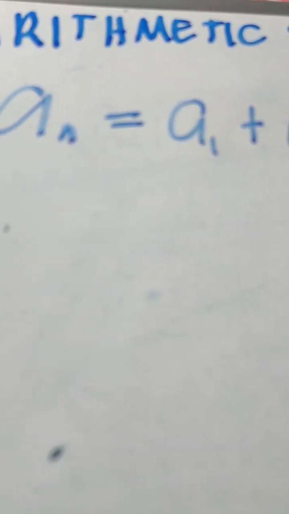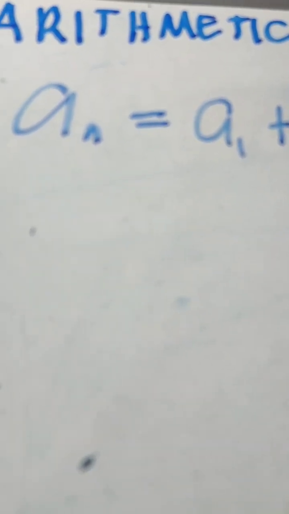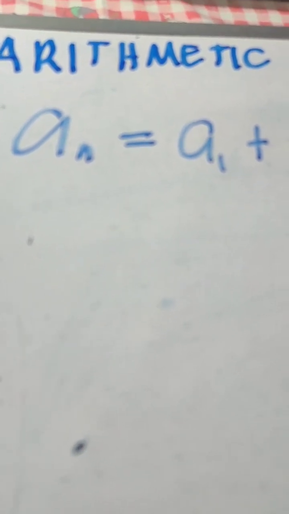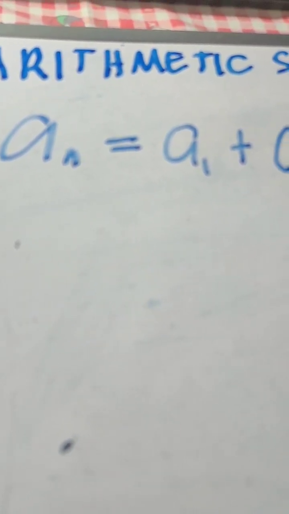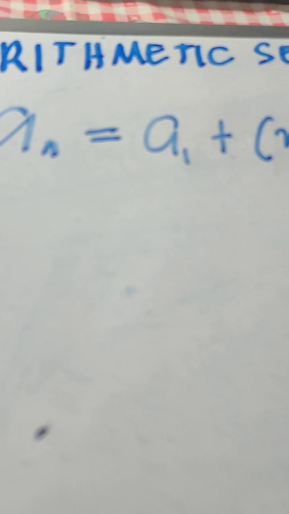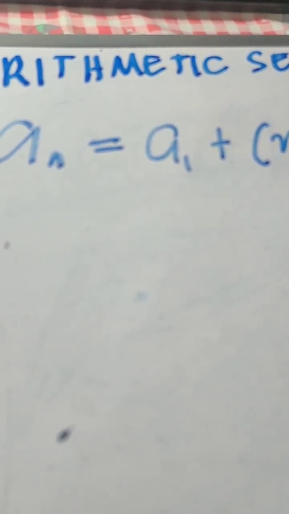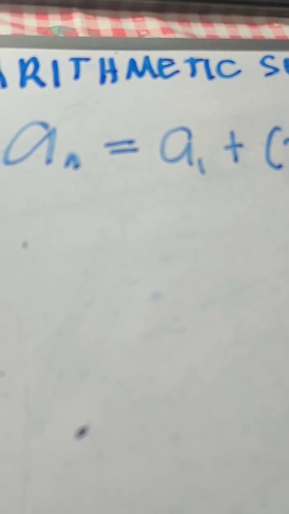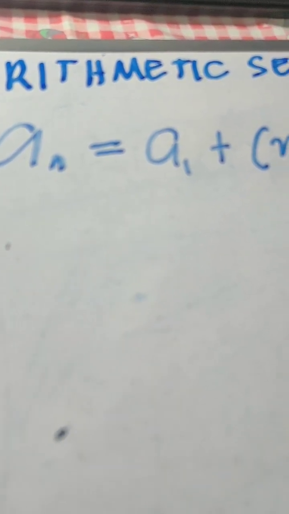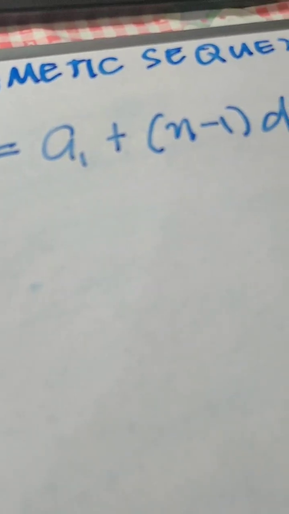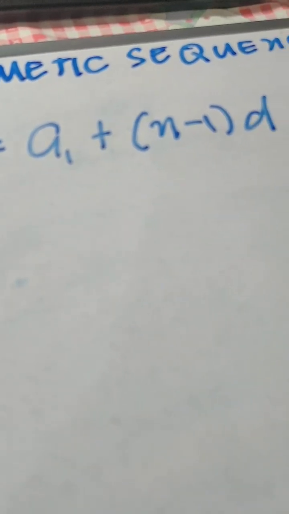Why do we need to have a formula? Because using the difference method will take time, especially if someone would ask you what is the next term of this given arithmetic sequence when the term that is asked is the thousandth term or whatever they want to know. So this formula will help us.